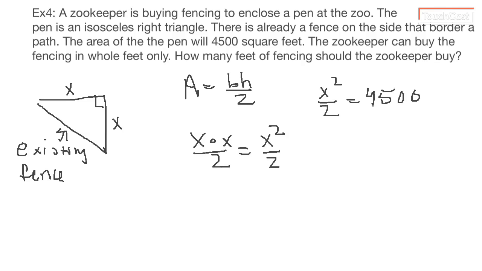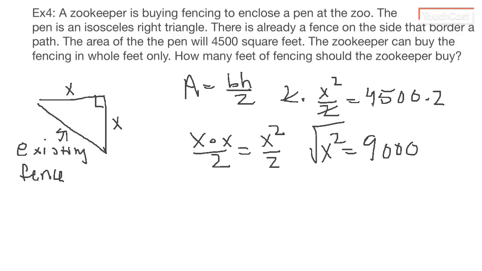To do that, we're going to first multiply both sides by 2 to get the 2 out of the denominator of the fraction. On the left side, we'll be left with x squared equals 4,500 times 2, that's 9,000.